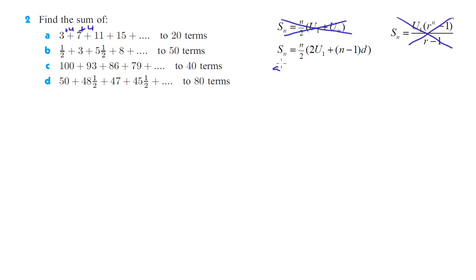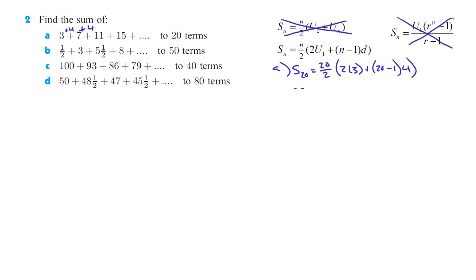Okay, so for A, we've got the S of 20 terms, so S of 20 equals 20 over 2, all times 2 times the first term, which is 3, plus n, we know n is 20, minus 1, all times the difference, which is, we're adding 4 each time, right?